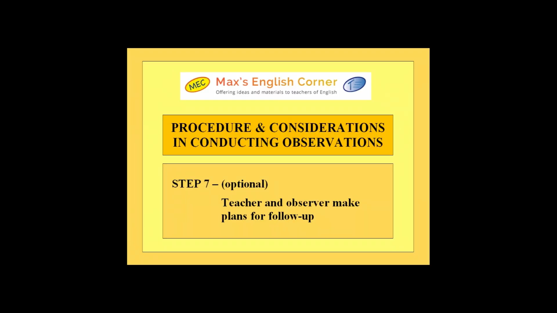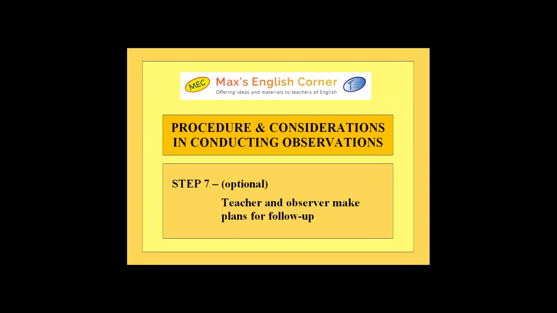Step 7. Optional. The observer and teacher make plans for a follow-up. This could be the case if a class didn't go over well at all. But follow-up observations are also often used in formative observations and training. Formative approaches focus more on the growth of the teacher, although some administrative observations could serve both purposes, administrative and formative.